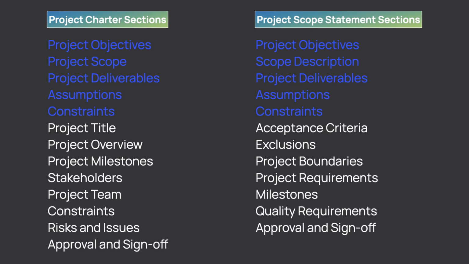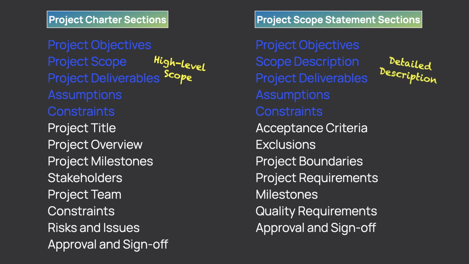Now it's better. First, notice that both documents repeat the project objectives, deliverables, assumptions, and constraints. We need this information to ensure that we operate within the boundaries of our project. Second, we elaborate on two main sections: the scope description and deliverables. So, the project charter has a high-level scope description and a list of deliverables.